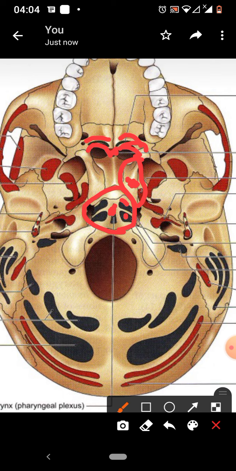It supports the medial end of the cartilaginous part of the auditory tube, and just posterior to it, another structure which is attached is called the pharyngobasilar fascia.